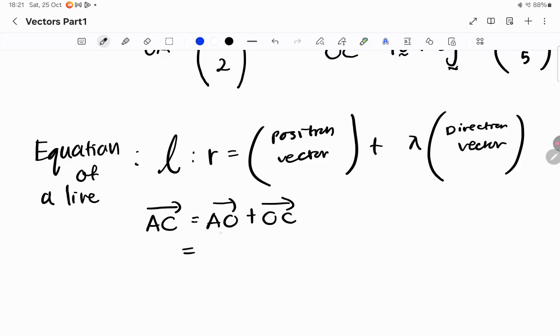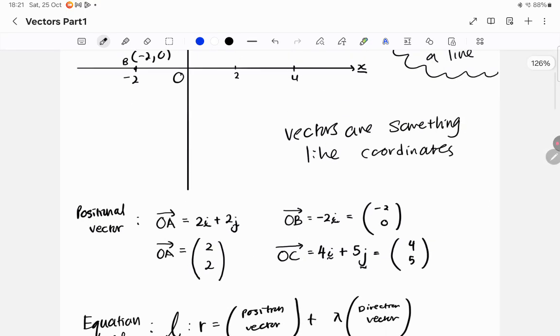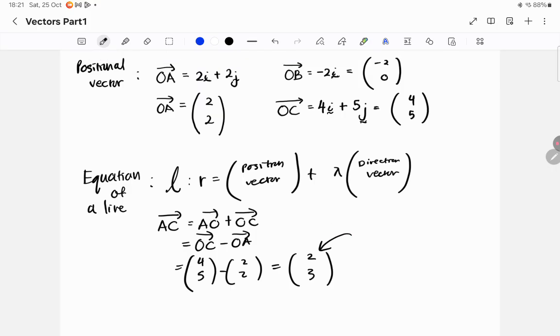And as you know, AO is the opposite direction, negative OA. So we're going to write OC minus OA. So just minus the positional vectors, which is 4, 5 minus 2, 2, which gives us 2, 3. So this is our direction vector.